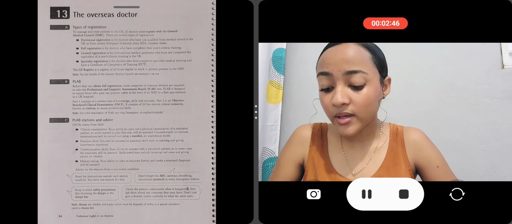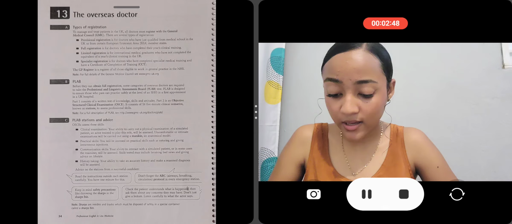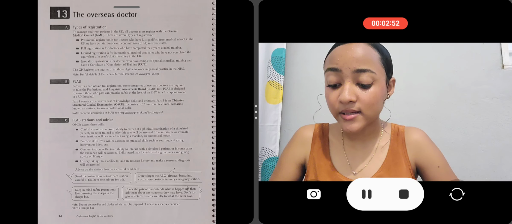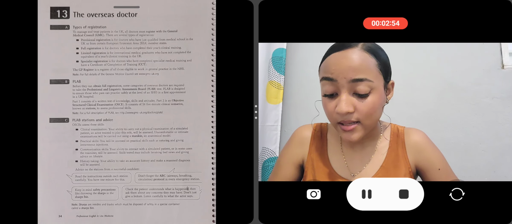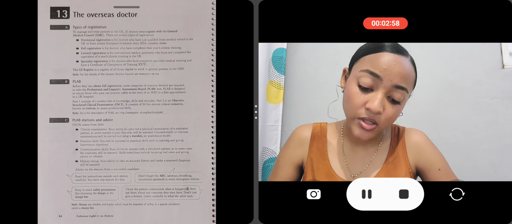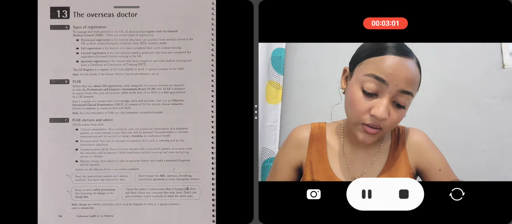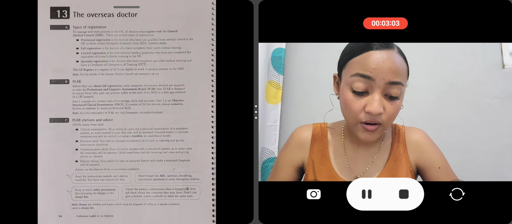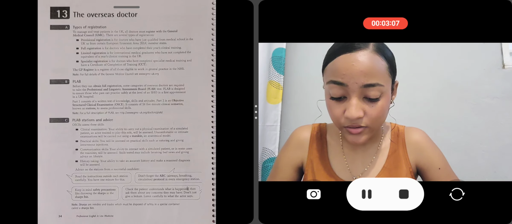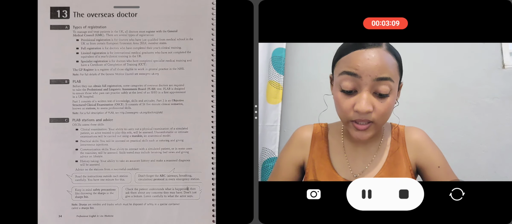C. PLAB stations and advice. OSCEs assess these skills. Clinical examination: your ability to carry out a physical examination of a simulated patient. An actor trained to play this role will be assessed.